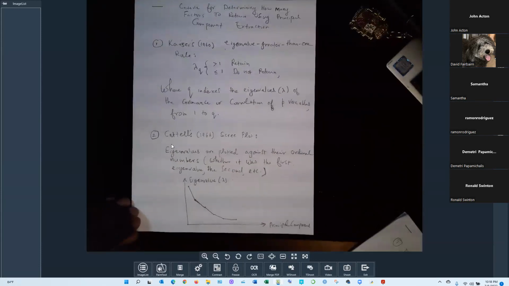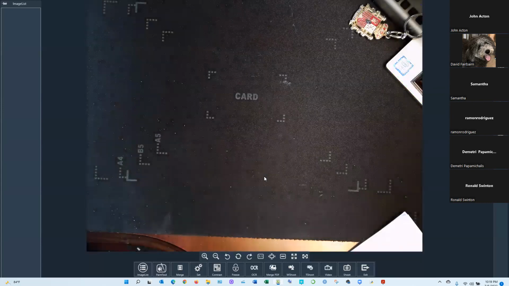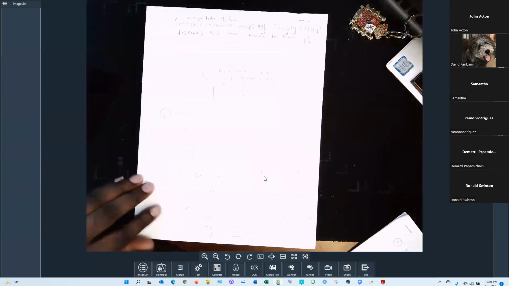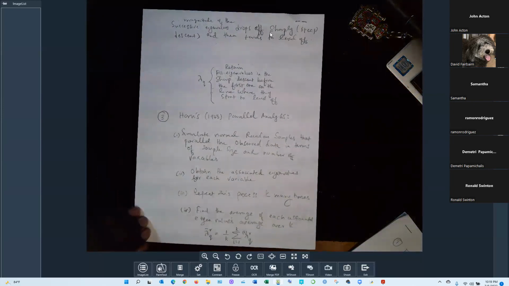The second one is Cattell's scree plot. In the scree plot, the eigenvalues are plotted against their ordinal numbers. The criterion says the magnitude of the successive eigenvalues drops off sharply, a steep descent, and then tends to level off.